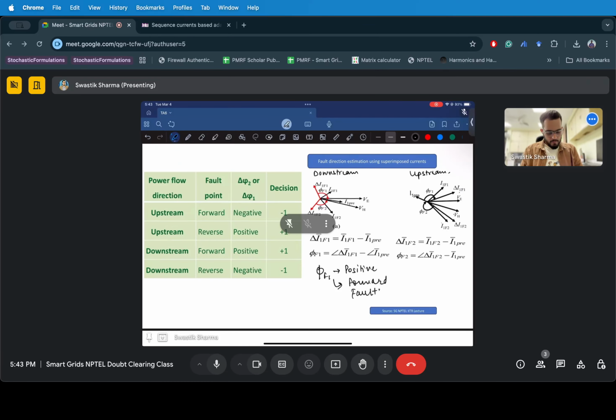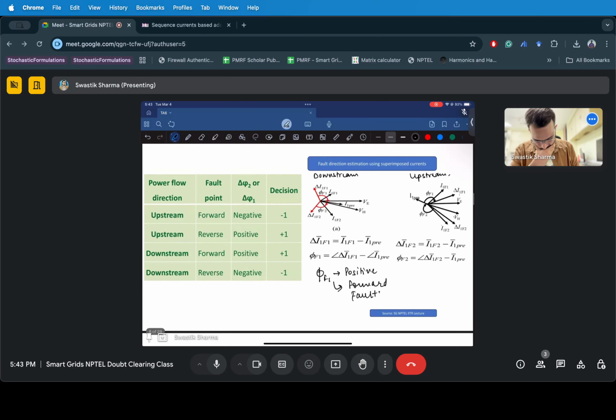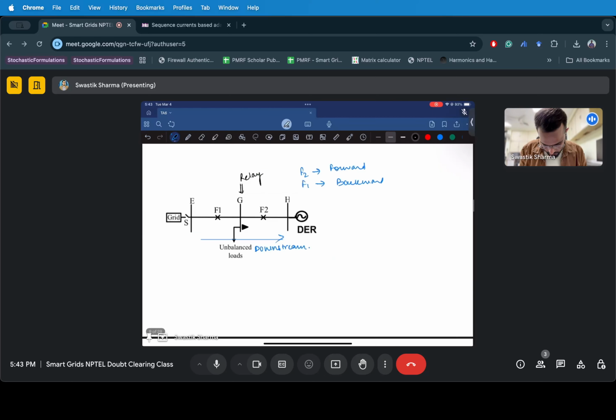So this is downstream, and phi f1 is positive, so it's a forward fault. It is negative.